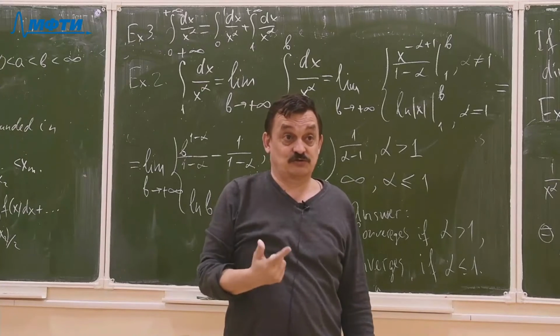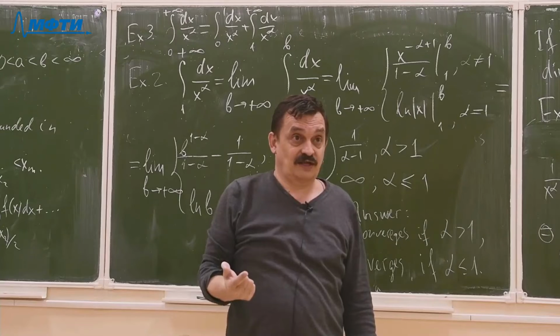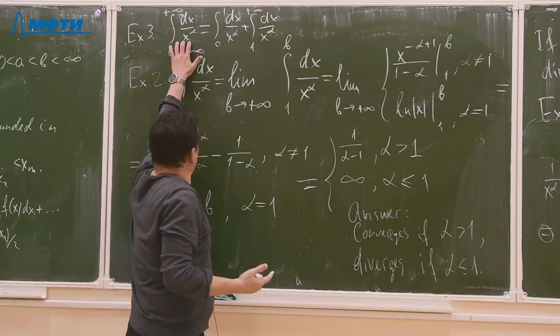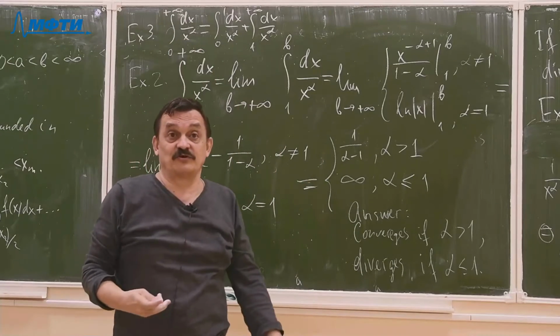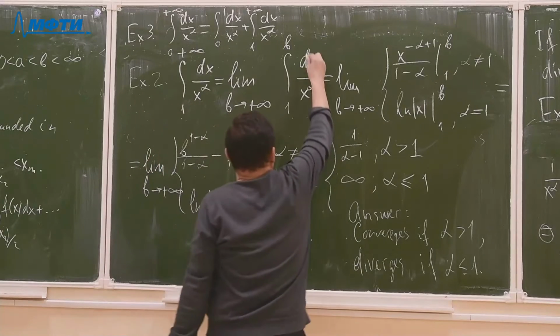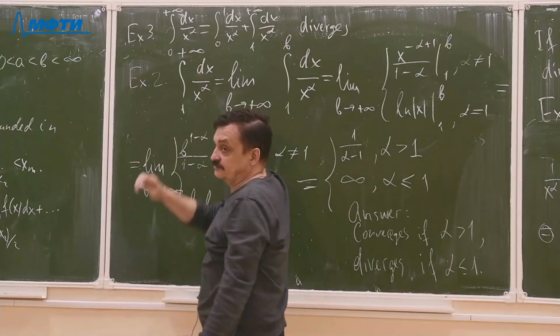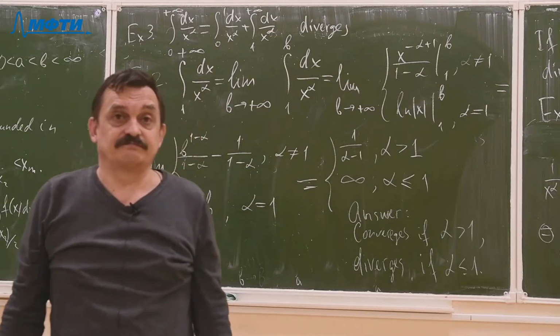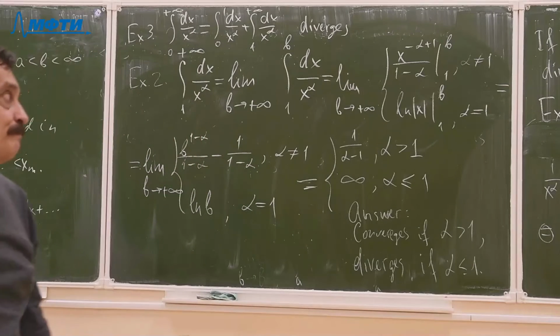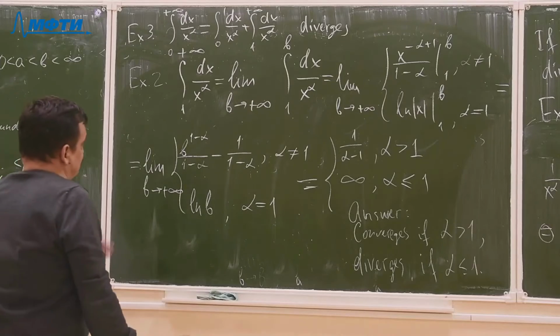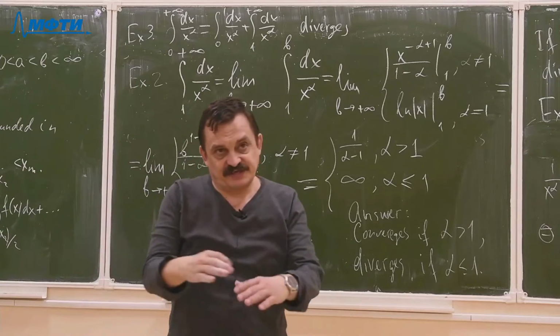Hence our improper integral diverges in any case, for arbitrary alpha. That is how to proceed if we have several problems.